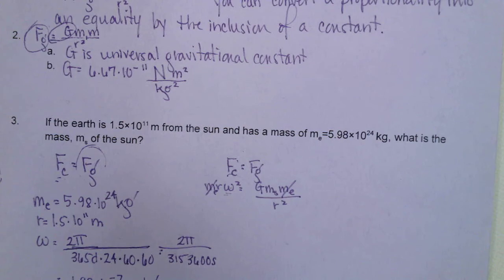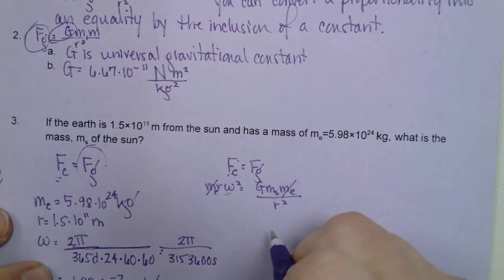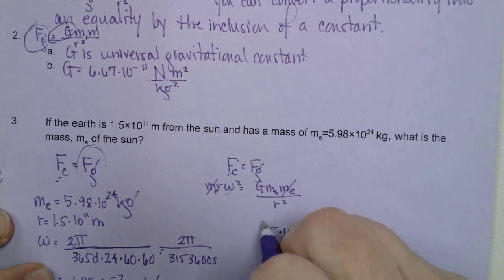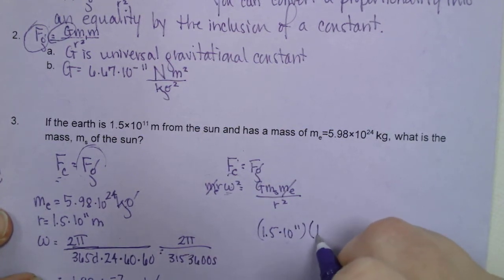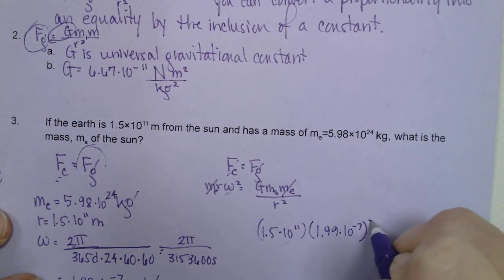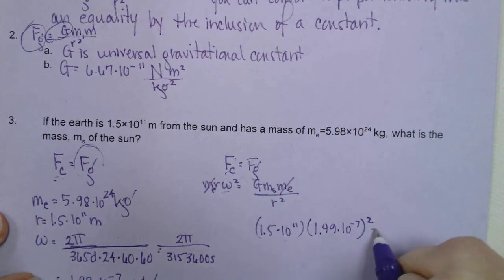So what I have then instead is 1.5 times 10 to the 11th, which is the distance from the sun to the Earth, my r, 1.5 times 10 to the 11th, times 1.99 times 10 to the negative 7, and don't forget to square it.